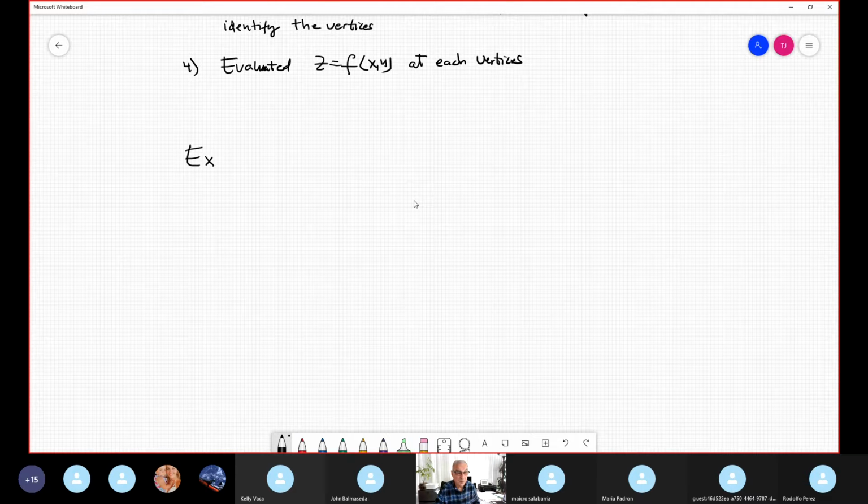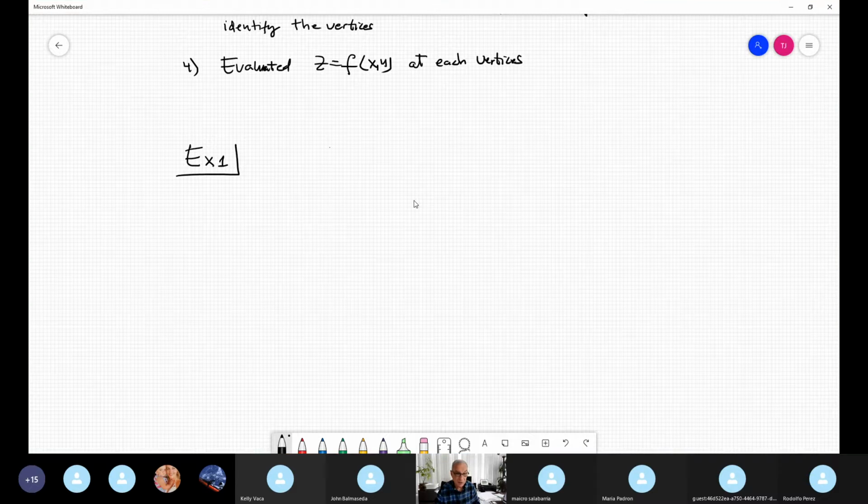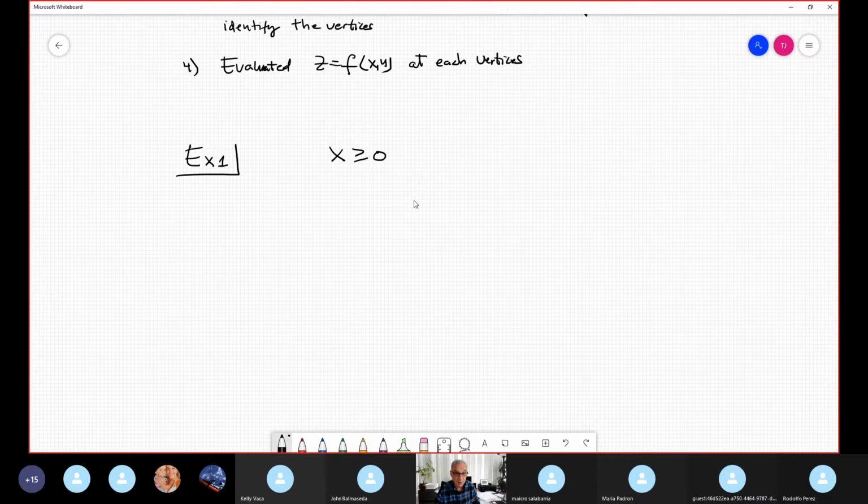Example number 1. You have the constraints: x greater than or equal to 0, inequality number 1; y greater than or equal to 0, inequality number 2; x plus y less than or equal to 60, inequality number 3; and y greater than or equal to 2x, inequality number 4.